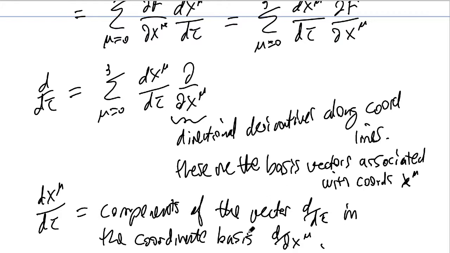In this context, I don't make a careful distinction between the symbol d and the partial symbol. The meaning is always clear, whether it's written as a d or as a partial.